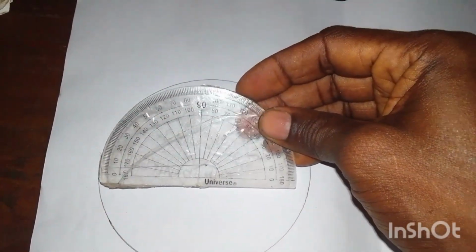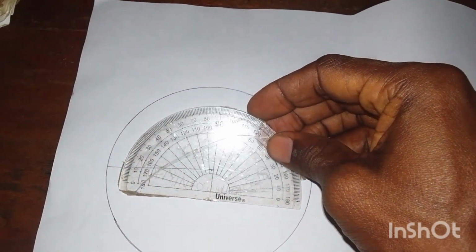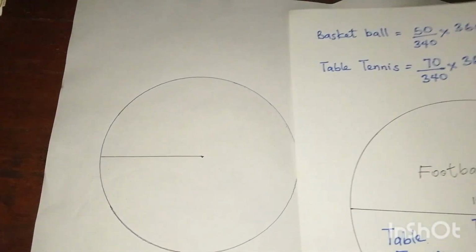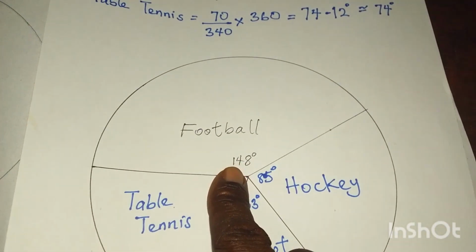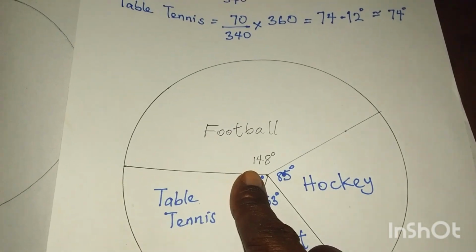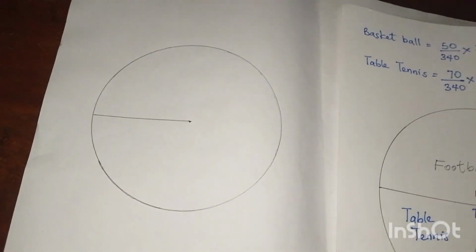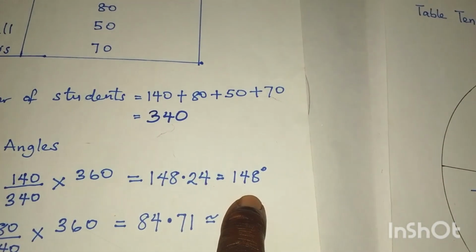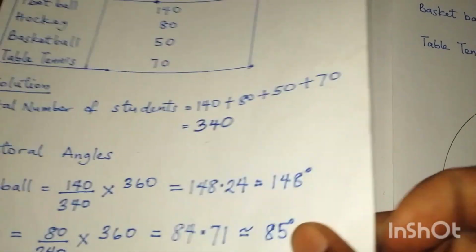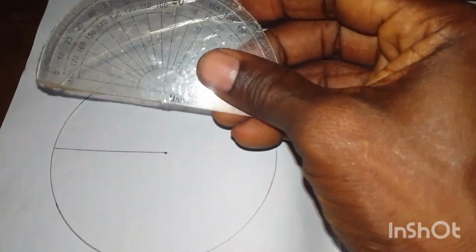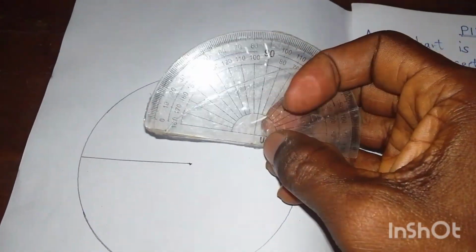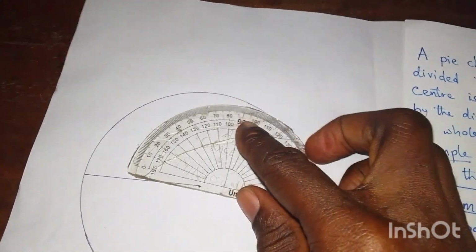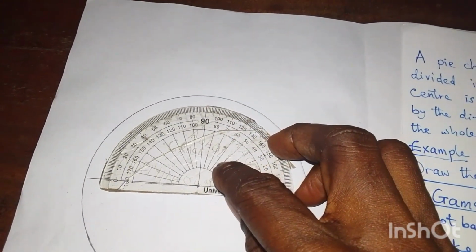So use your protractor. Now for the first part, football, we are having 148 playing football. We said that for those playing football, the sectorial angle is 148. You want to measure 148. The center of your protractor, let it fall at the center of the circle here.